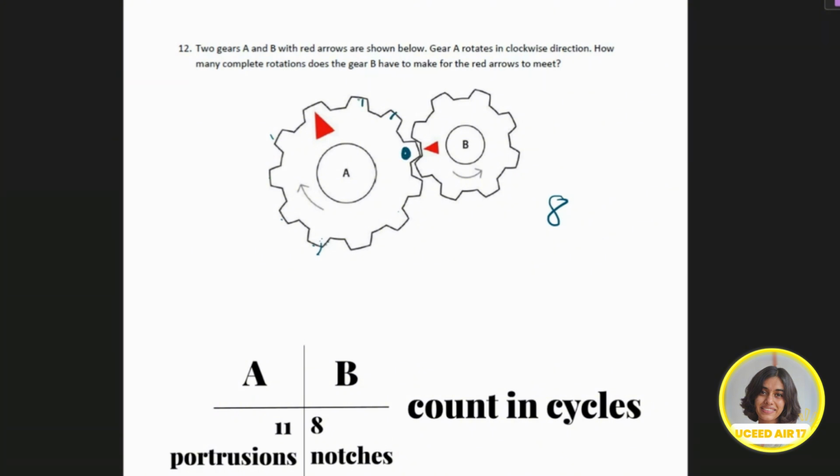Just count. 6, 7, 8. 5, 1, 2, 3, 4, 5, 6, 7, 8. You can also solve simultaneously, by the way. 8 tries? 7.